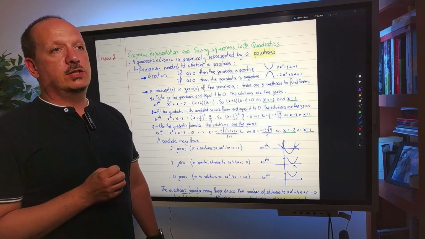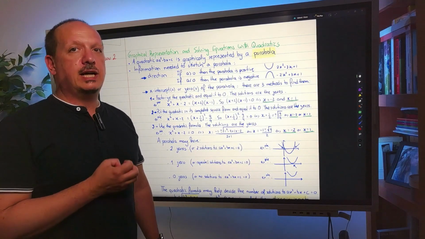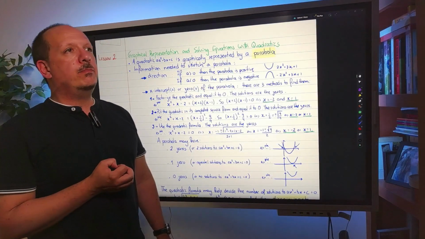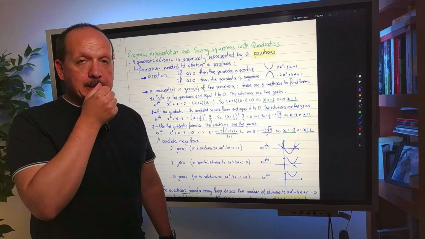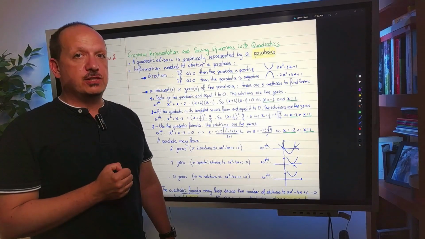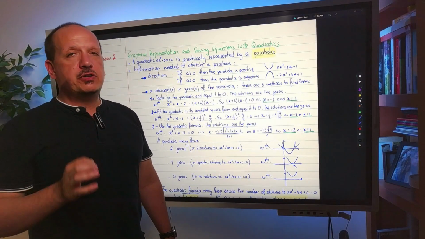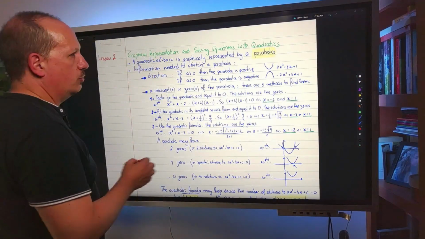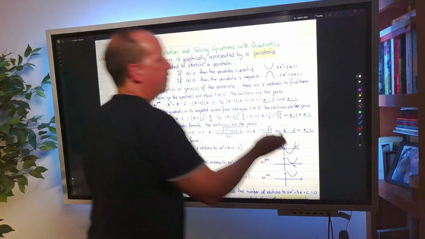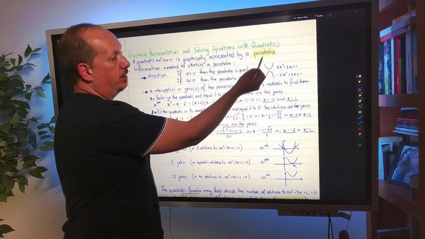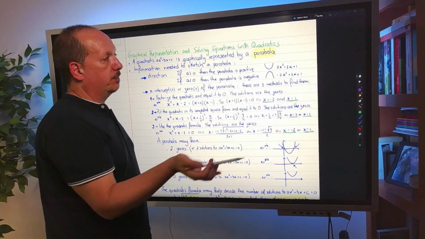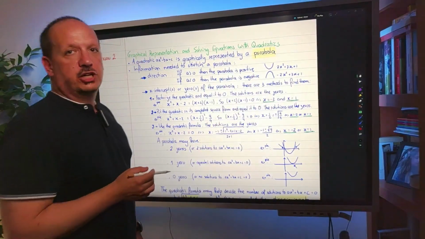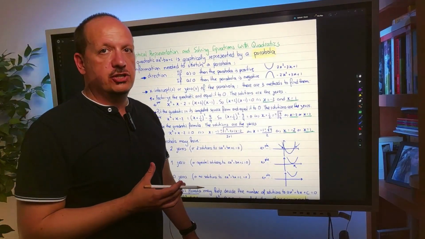If you are asked to draw a parabola, then you need to know some very important points that will allow you to sketch it. The very first thing that you need to know is whether the parabola is going to have this orientation, which is called a positive orientation, or this orientation, which is called a negative orientation.